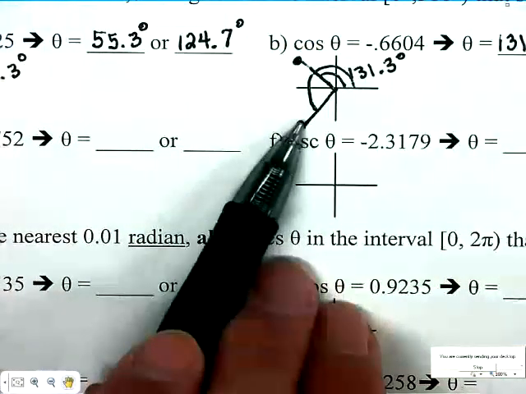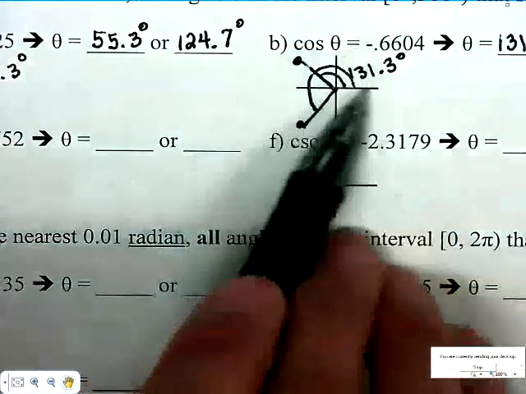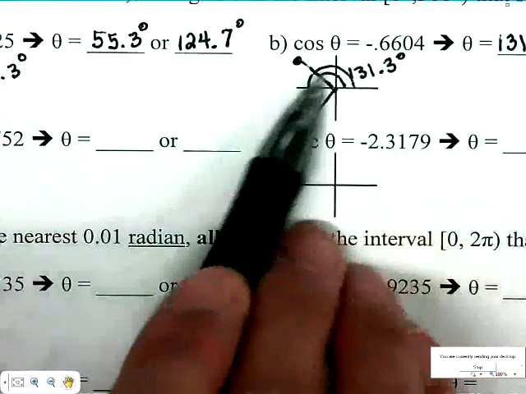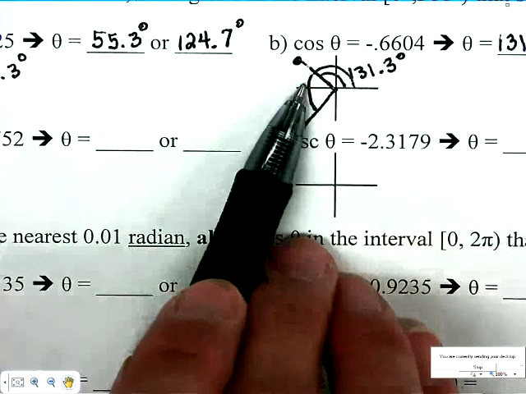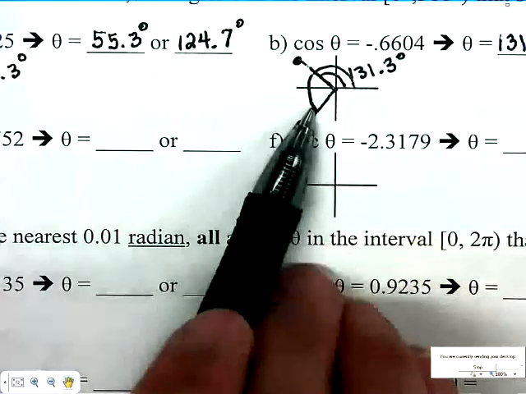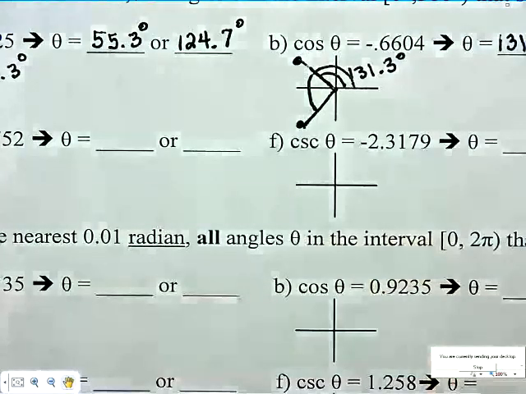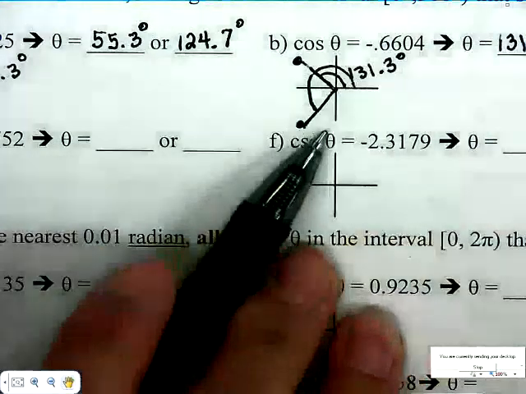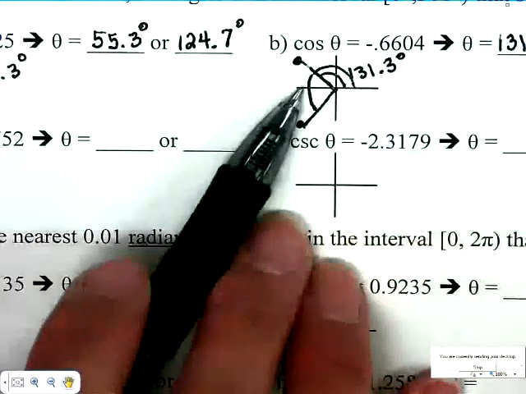There are different ways to think about it. The first thing that pops in my mind is if this second quadrant angle is about 130 degrees, that's about 50 degrees shy of the negative x-axis. So to get the same angle in the third quadrant, I just add about 50 degrees to the 180 degree negative x-axis. So I know it's about 180 plus 50. 180 and another 50 is about 230.